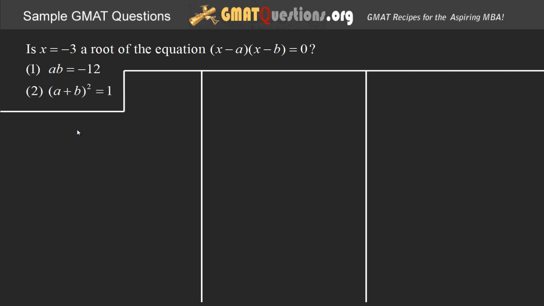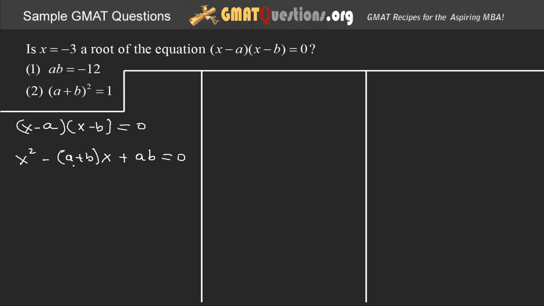What I like to do is just to expand (x minus a) times (x minus b) equals 0. I can go and do x times x, x squared, x times b, and so on. But really, we should expect this to be x squared minus the sum times x plus the product. The product of the roots is ab, as you can see.